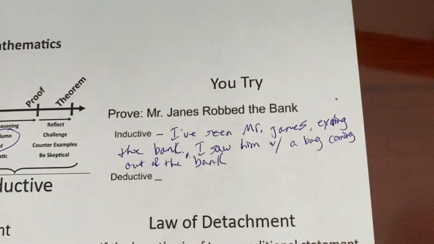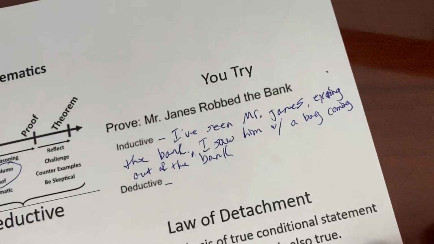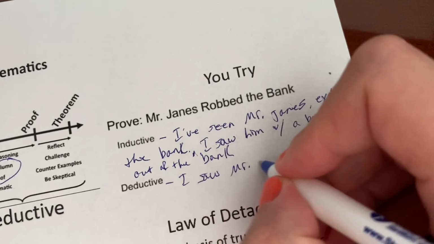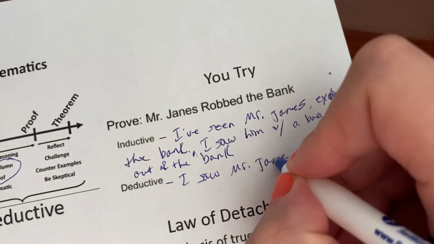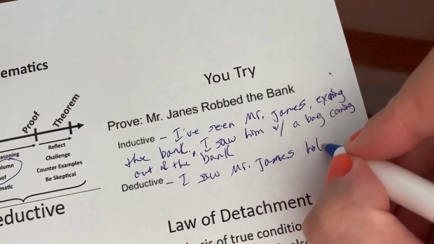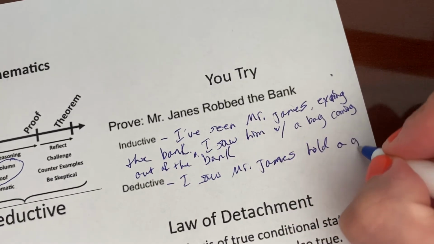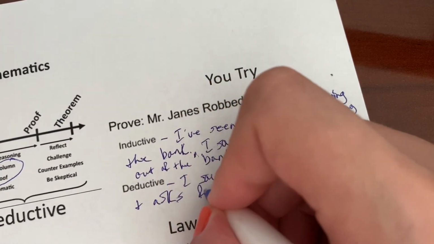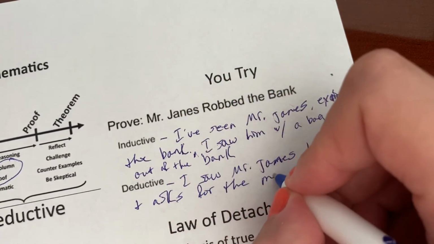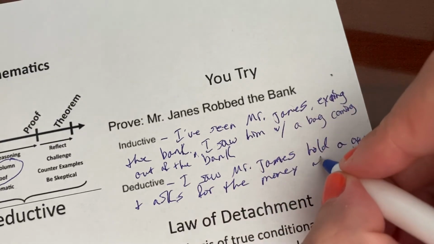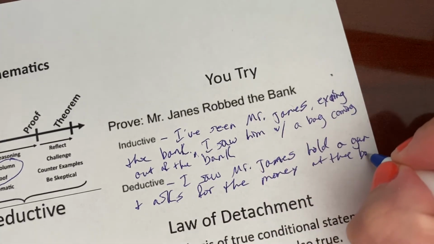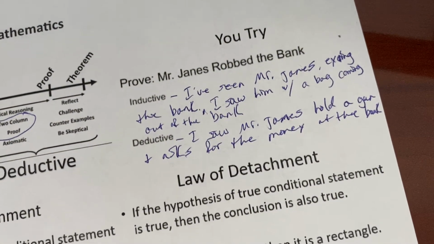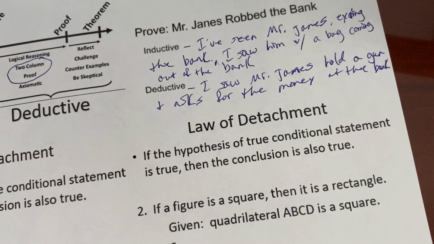And then deductive would be, I saw Mr. James hold up a gun and ask for money. Or it could be something more obvious than that. I looked inside that bag and I saw money that was not his. So it'd be very obvious.